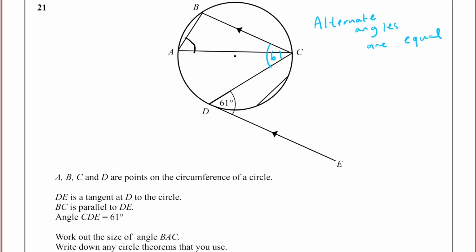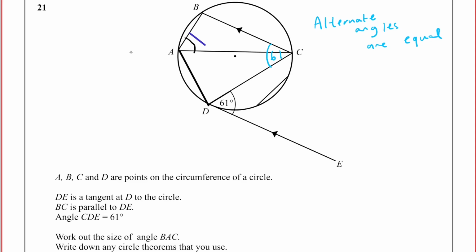Alternate angles are equal. I'm going to connect up A and D. So now I've got a cyclic quadrilateral, and the opposite angles in a cyclic quadrilateral add up to 180 degrees.